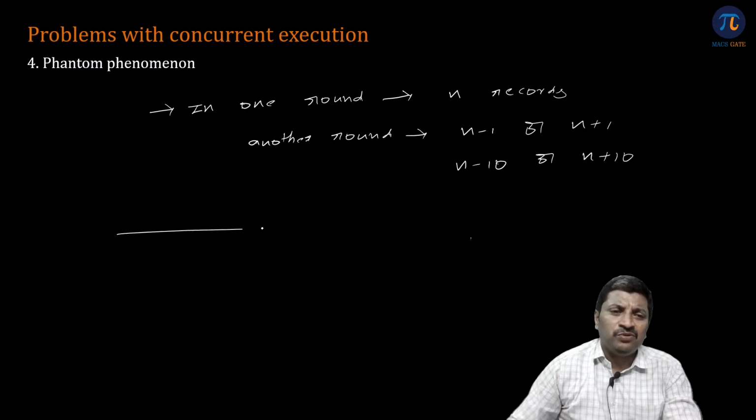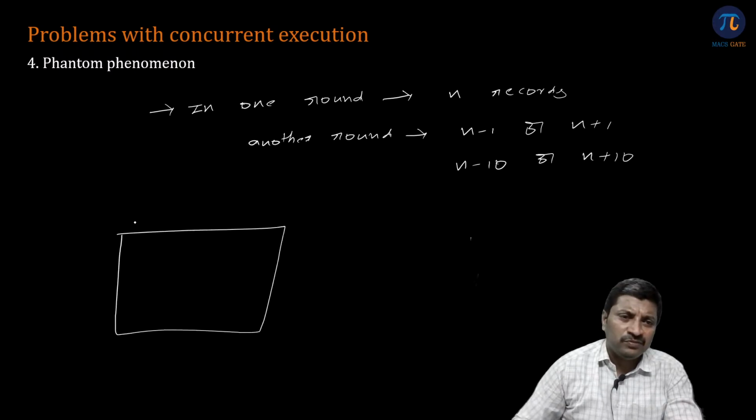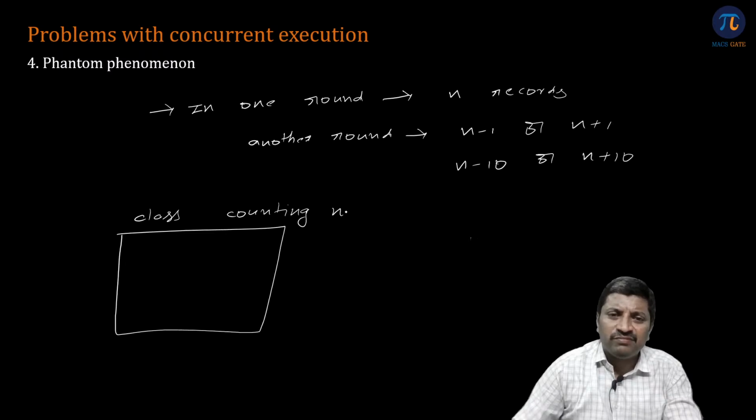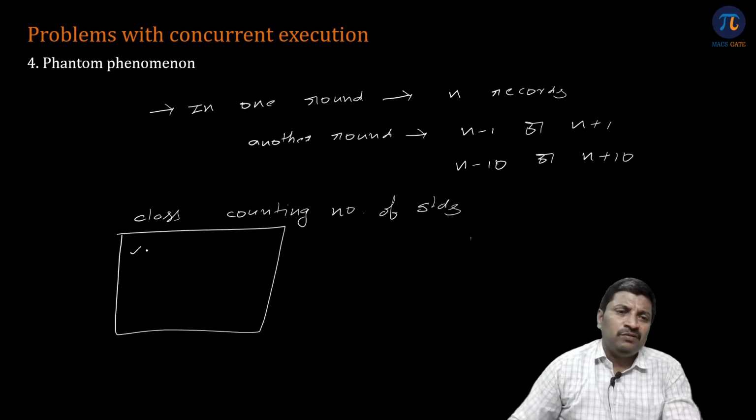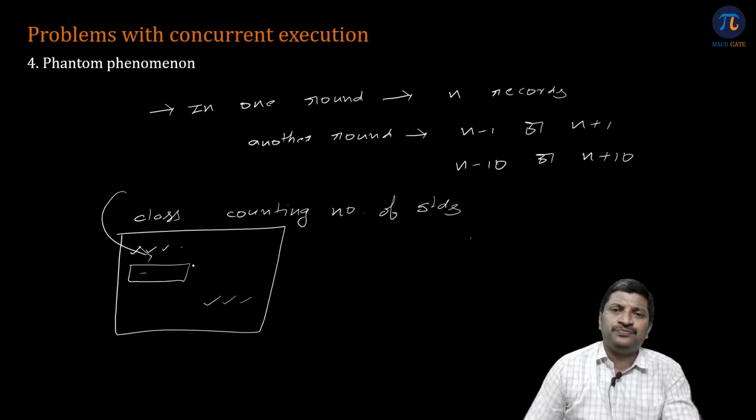Let me give the best example. Suppose in a class you are counting the number of students. You started 1, 2, 3, and so on, and you are continuing. When you are doing it, suddenly 3 students entered and took seats on the second bench.